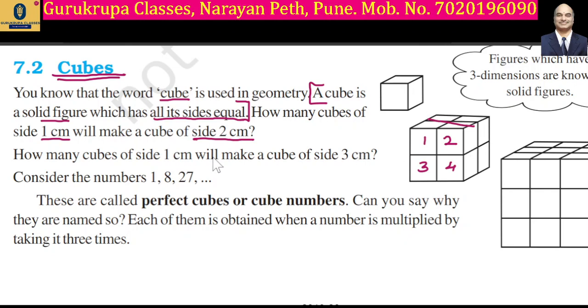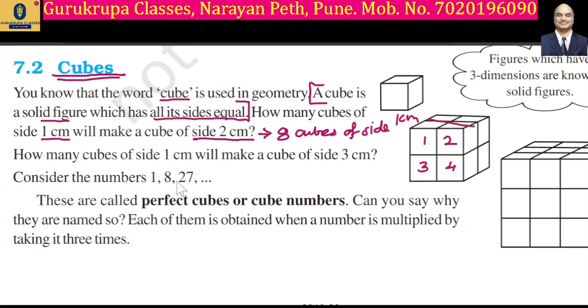So for side 2 centimeters, we need 8 cubes of side 1 centimeter. Then we can make a cube having side 2 centimeters.